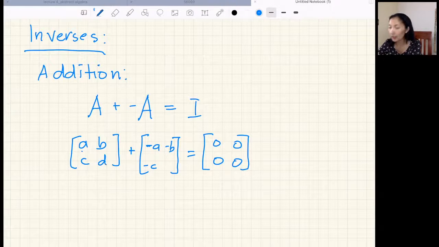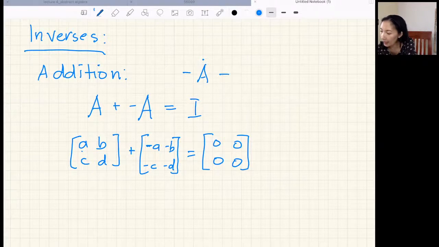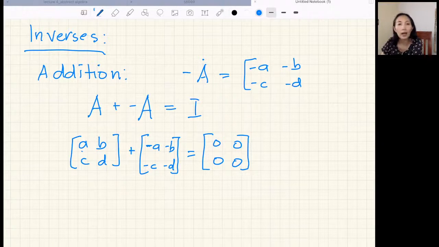It should be negative D. So, A inverse is simply the negative of every element: negative A, negative B, negative C, negative D. And that's it for addition. Now, the next question is, what about for multiplication?